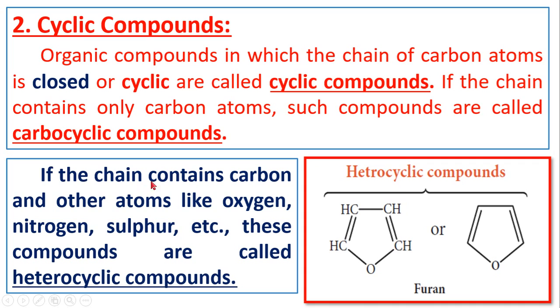If the chain contains carbon and other atoms like oxygen, nitrogen, sulfur, etc., these compounds are called heterocyclic compounds. Example, furan. See the picture. The molecular formula is C4H4O. The name is furan. It's a heterocyclic compound.